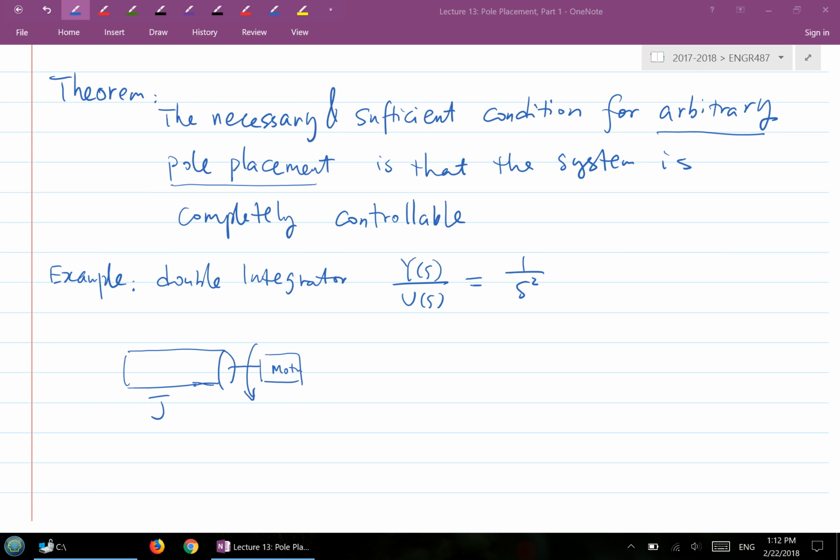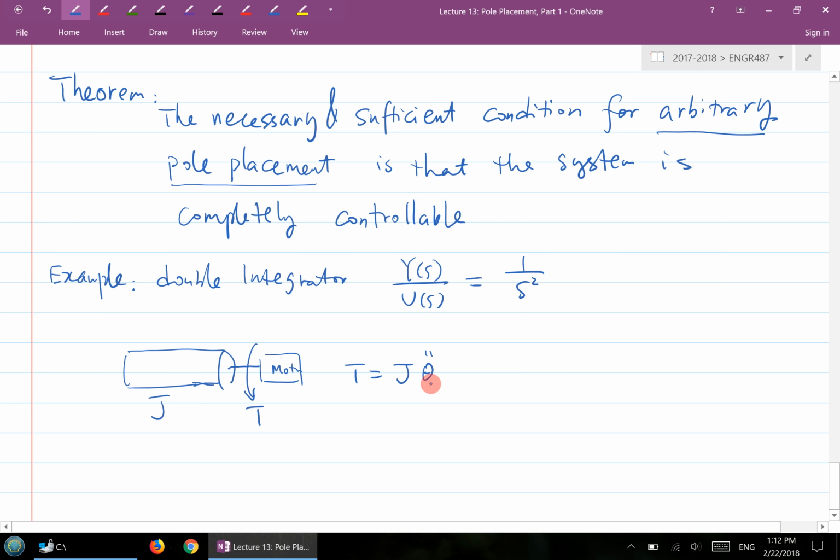Let's assume there's no friction. Then based on your first year dynamics, the torque must equal the moment of inertia times acceleration, right? Newton's second law, basically. So in this simple system, the input is the torque and the output is the position.